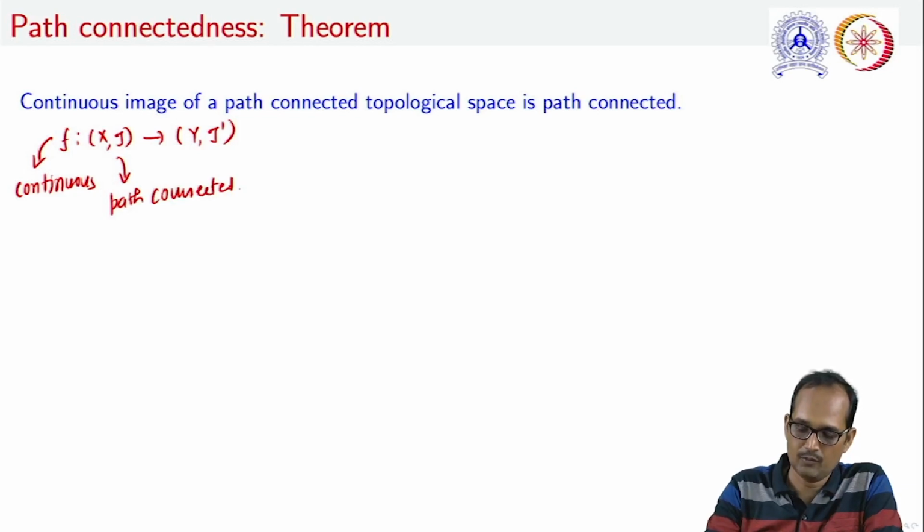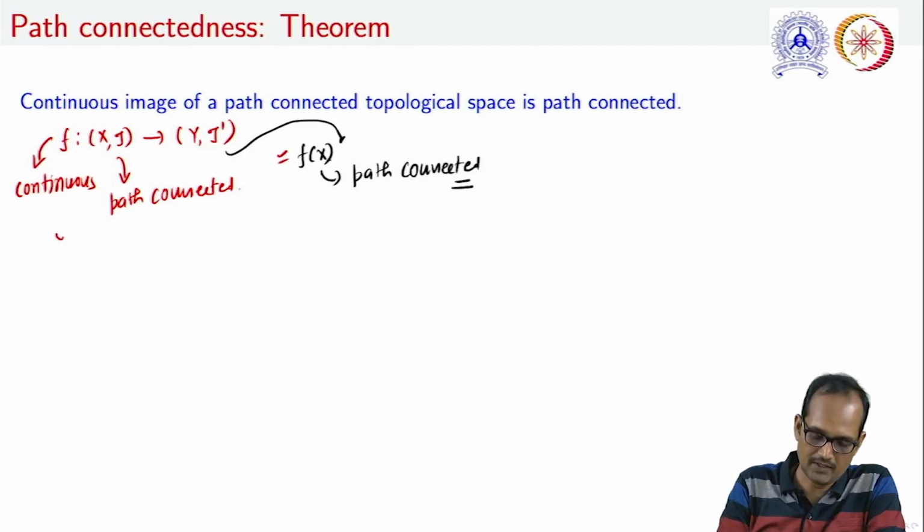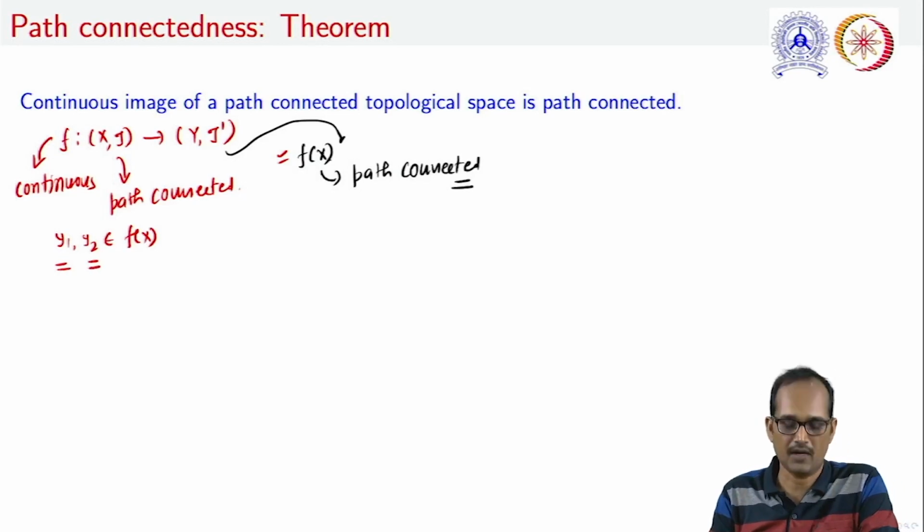What we have to justify is that f(X), with relative topology, is path connected. Now, let us take two elements in f(X). So we take y1, y2 in f(X), and our motive is to justify that there exists a path.